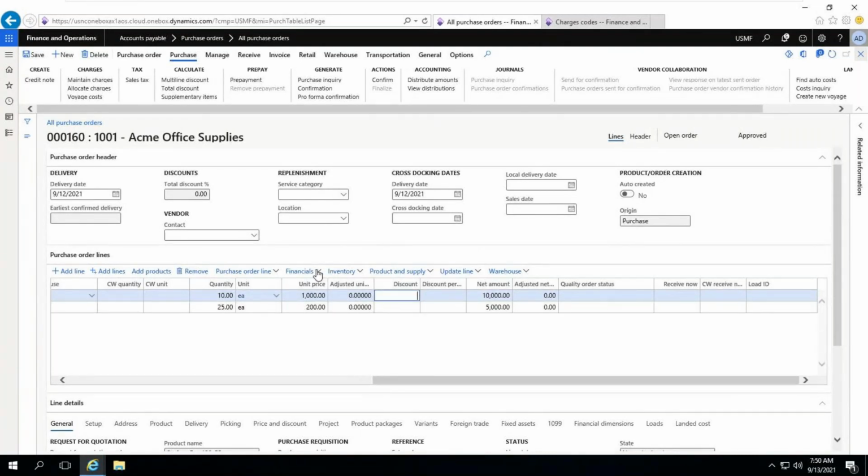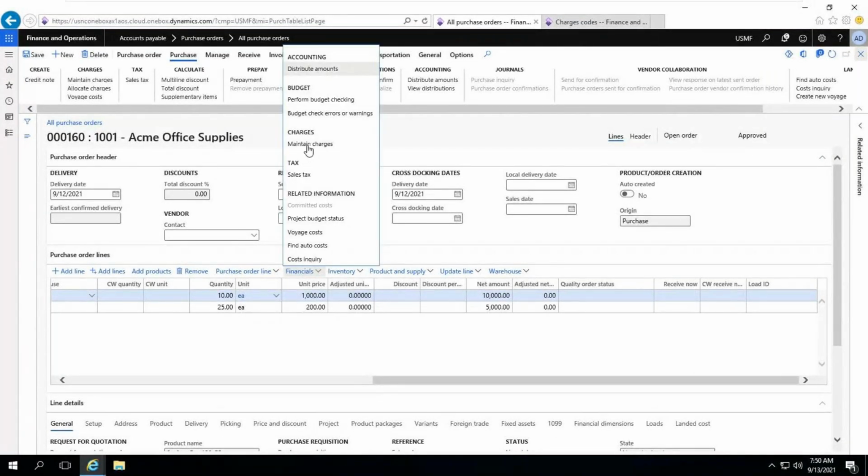Financials. Maintain charges. Let me delete the charges.